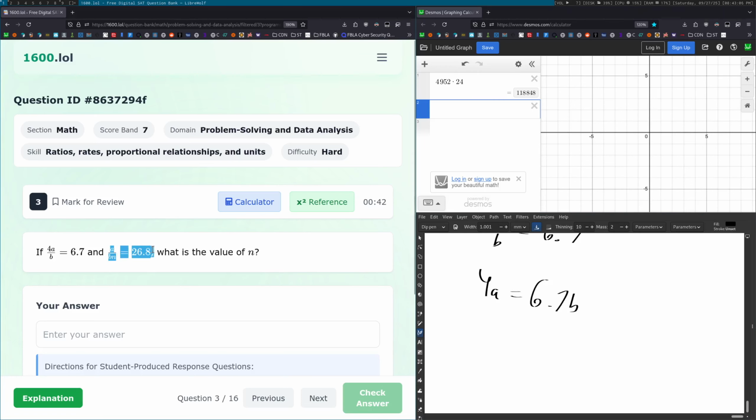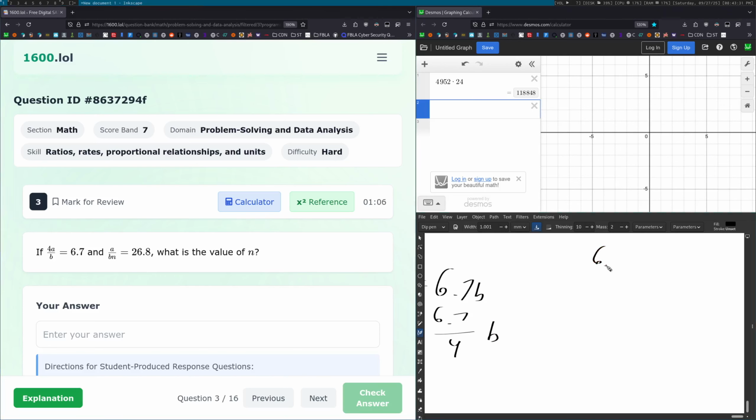And a over bn is equal to 26.8. Let's substitute now. Okay, yeah. Divide both sides by 4, so we get a by itself. A is equal to 6.7 over 4 times b. And we can plug it into the next form.